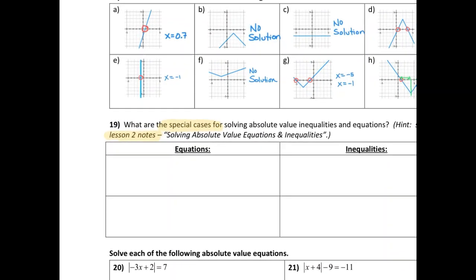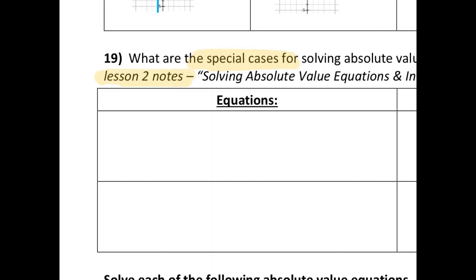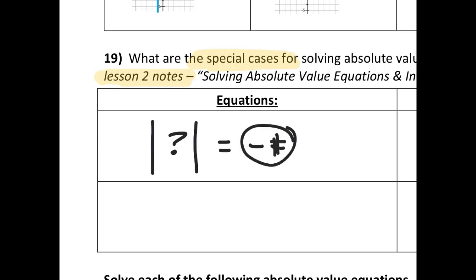The first thing that we wrote is that if you have the absolute value of anything, so I'm just going to put a question mark because it doesn't matter what's inside the absolute value, but if you've got the absolute value isolated and it is equal to a negative number, then you have no solution, because an absolute value is always positive. And so if you work out a problem and you find that the absolute value isolated is equal to a negative number, stop working, because there's no solution to that problem.